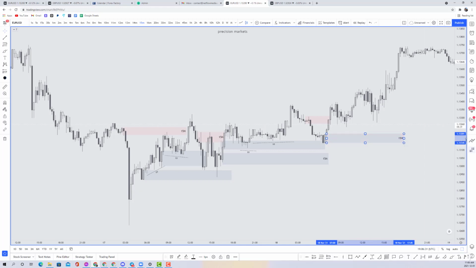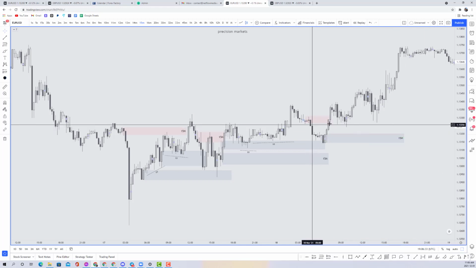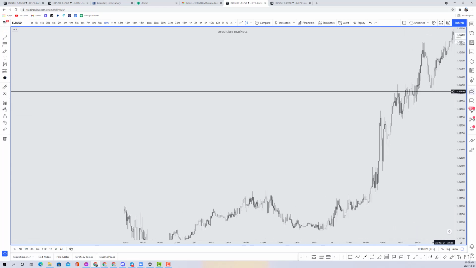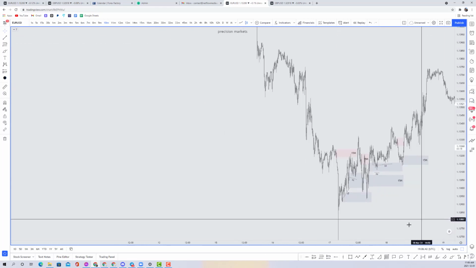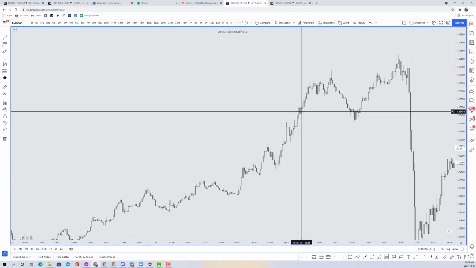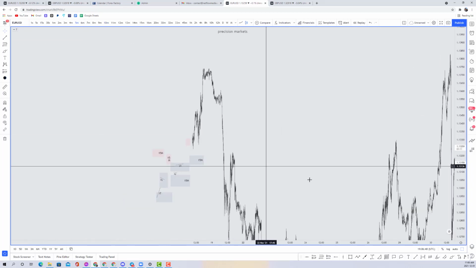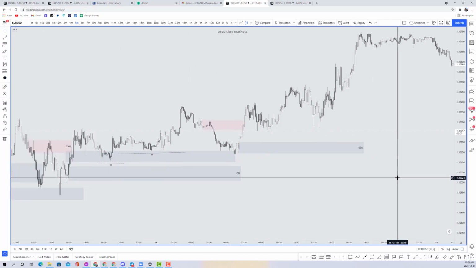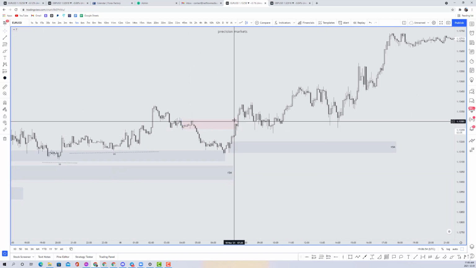So again, where's the reaction point? If I investigate something on the lower time frame, let's see if we can find that on the 10-minute here. So you can't even see it on the 10-minute. It's like we have a 5-minute or a 3-minute reaction or something. You don't need to go down that low, but there's your actual reaction point right there.